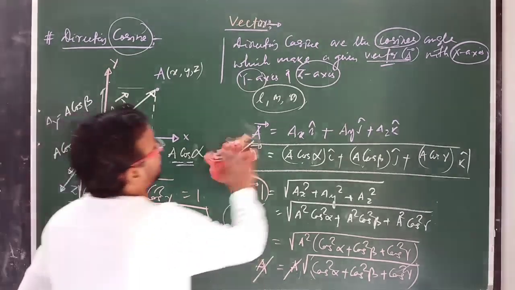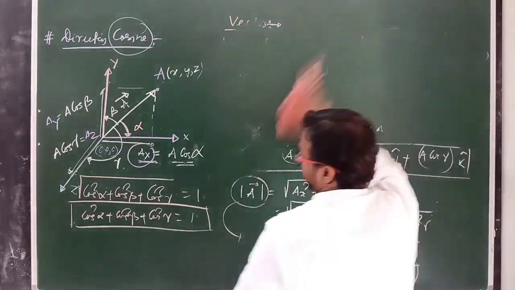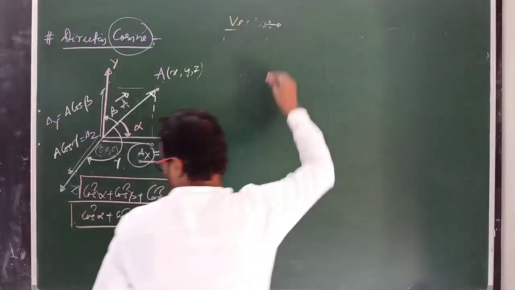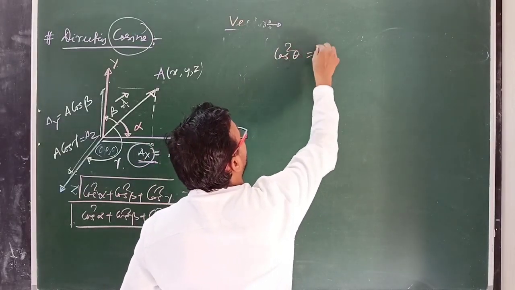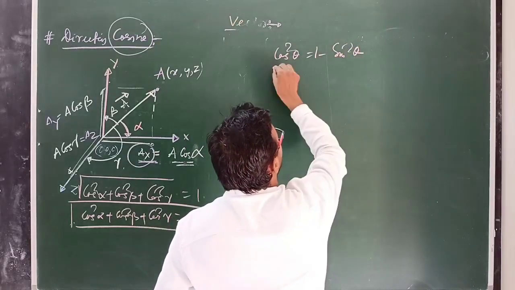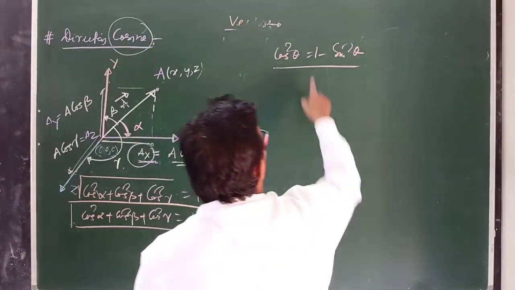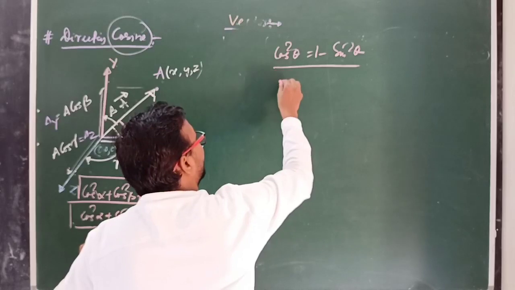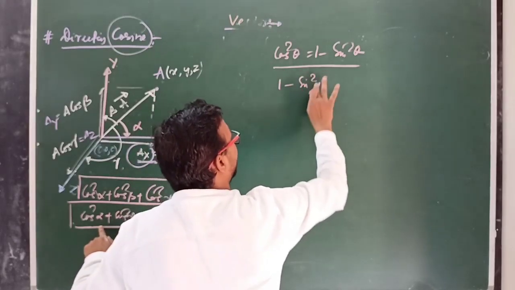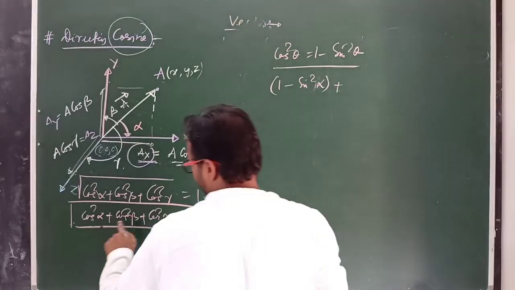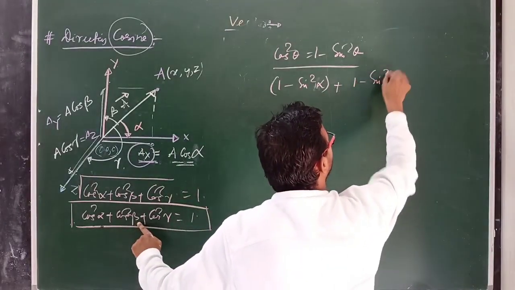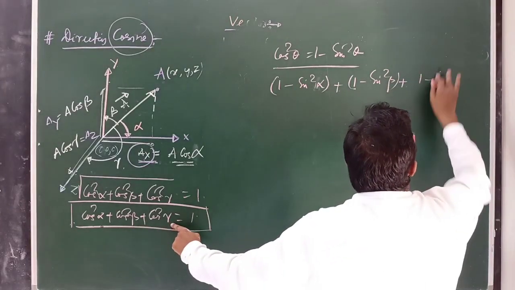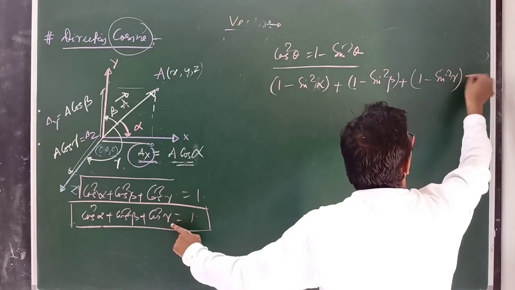But in trigonometry you already know how we can write cos square theta in terms of sin square theta: cos square theta equals 1 minus sin square theta, because cos square theta plus sin square theta equals 1. Clear? So using this relation, we can write 1 minus sin square alpha plus 1 minus sin square beta plus 1 minus sin square gamma equals 1.